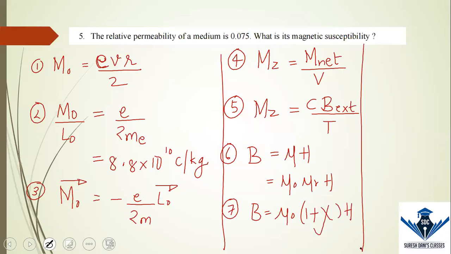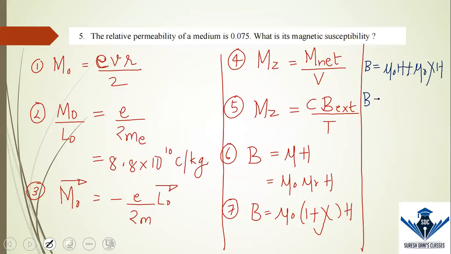So if you're aware of this, can we further enhance this as B is equal to mu naught H plus mu naught chi into H?